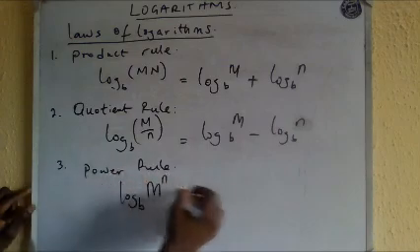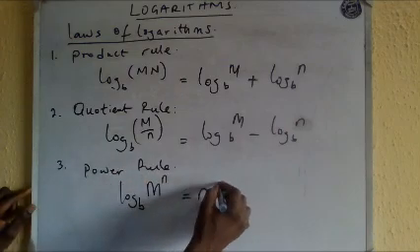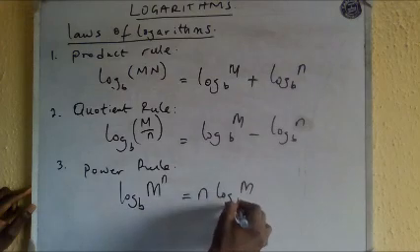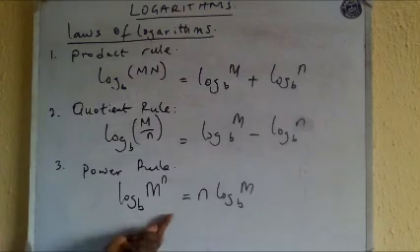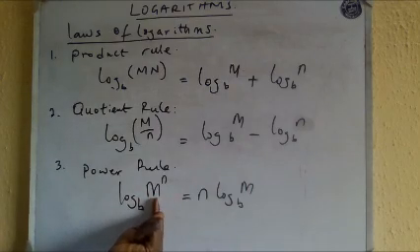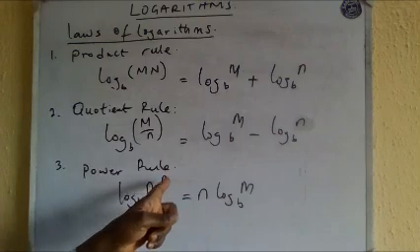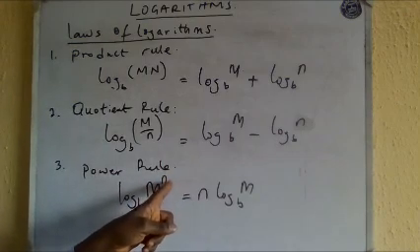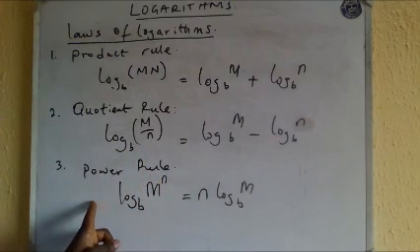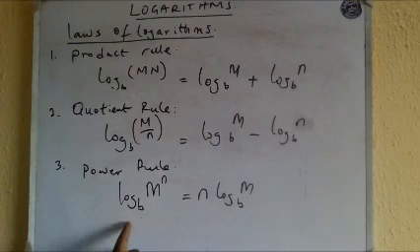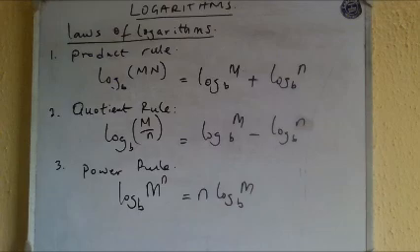I have it as n log m to base b, and vice versa. So you have something raised to another thing. This is the power, index or exponent. Understand? The power, index or exponent will go down to become a normal number, and will multiply the log of whatever you have.